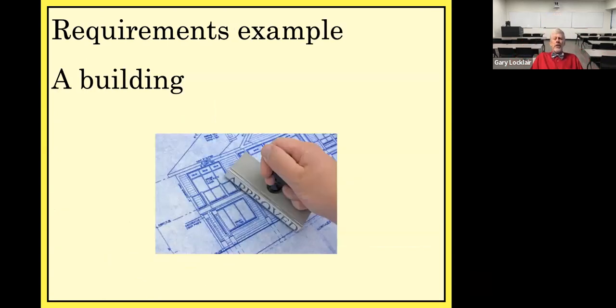I think I'll just let you read about this in the text rather than spending the time going through this. But requirements are done in other places rather, in addition to software engineering. If you wanted a new building, the first thing you don't do is you specify the type of building material.